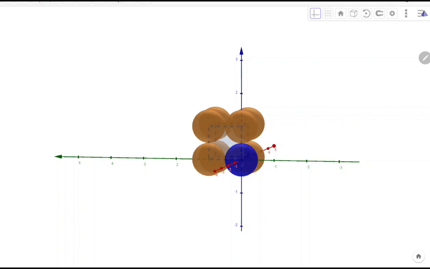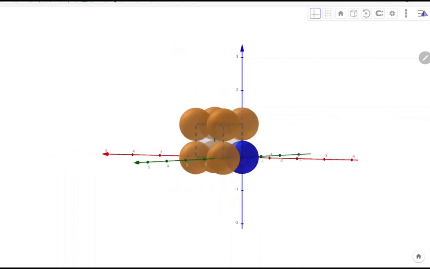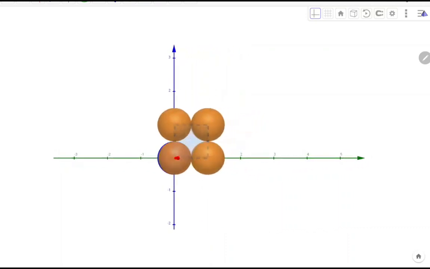Now this is the simple cubic lattice, as you can see here. All sides of this simple lattice have length A, because it's a cube. This is A, and the depth is A as well.